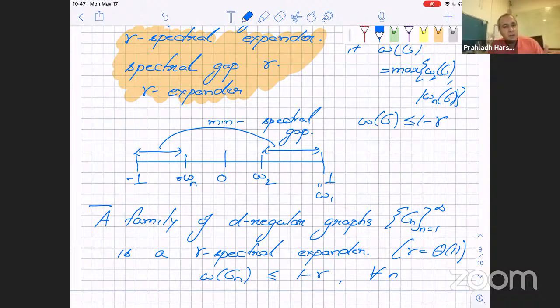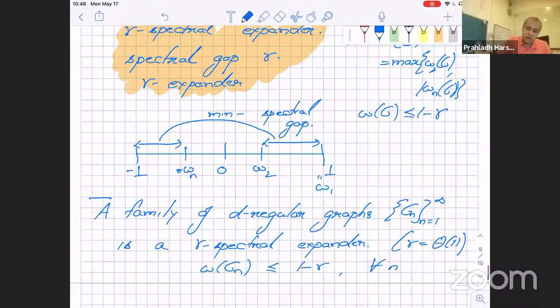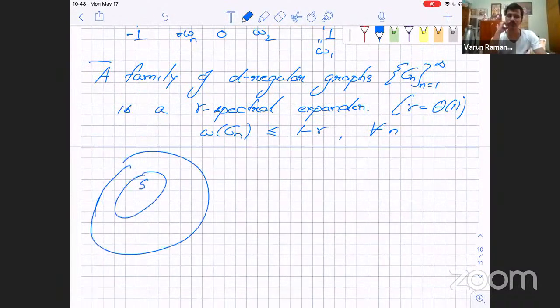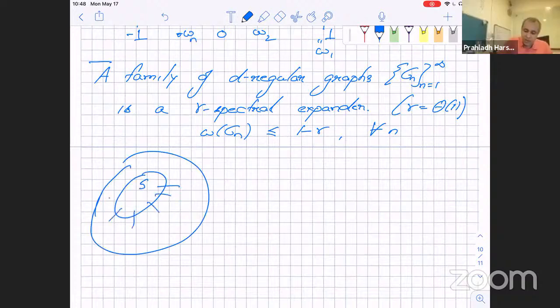Take any set, a fair number of edges actually go out of the cut. They don't stay in the cut. This is a family of graphs for which, no matter which cut, the Cheeger inequalities tell you that a constant fraction of the edges actually get out.